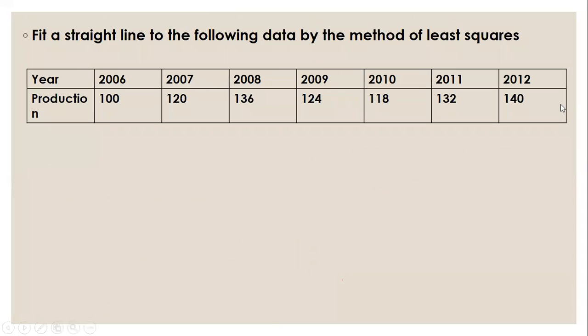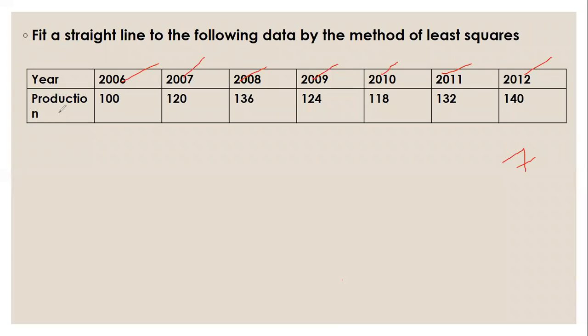Okay, so this is the first problem. Fit a straight line to the following data by the method of least squares. Now let's see the problem. Years 2006, 2007, 2008, 2009, 2010, 11 and 12. So we have 7 years given to us.